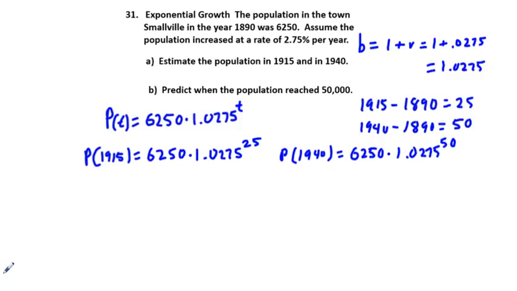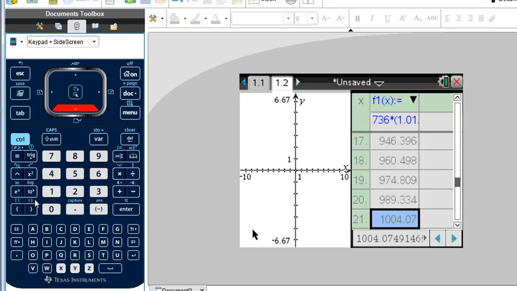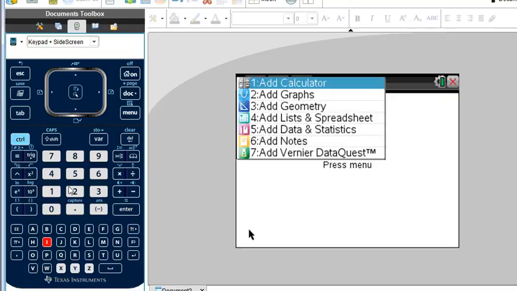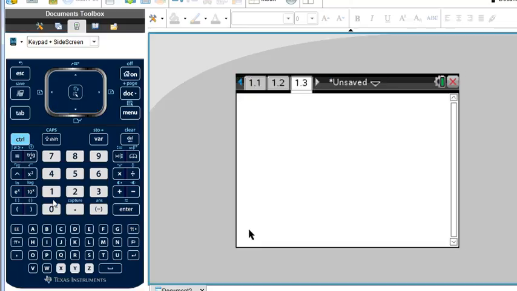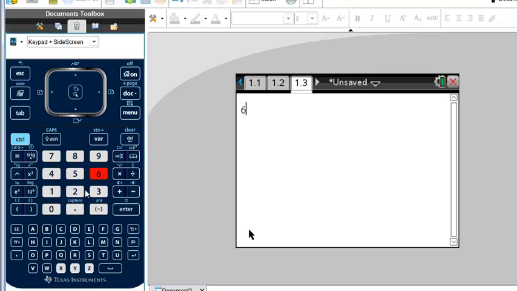So let's go to our calculator and figure out what these are. Now we'll do a Control I and get a calculator page. We're going to put 6250 times 1.0275 to the power of 25.